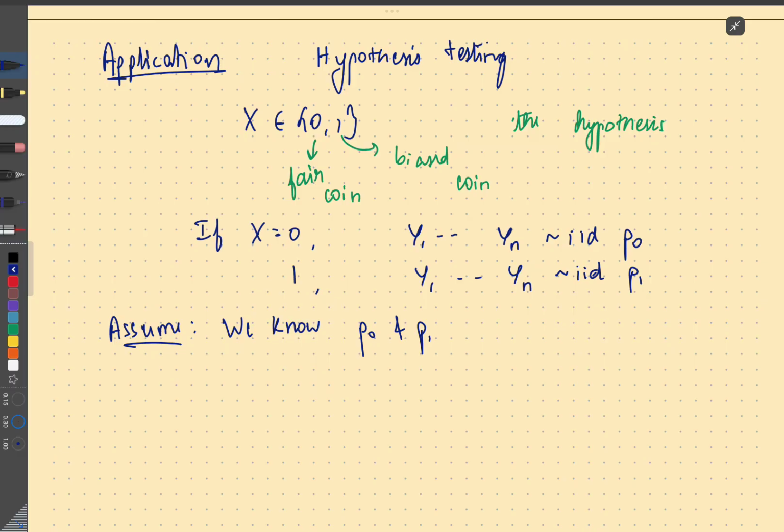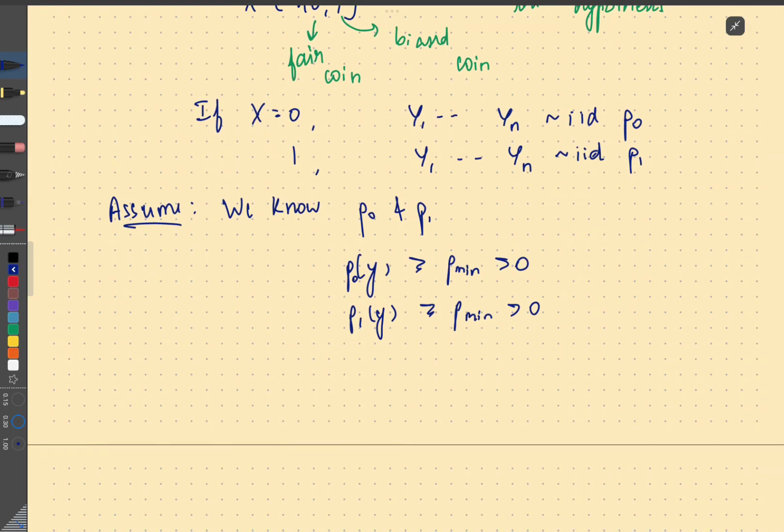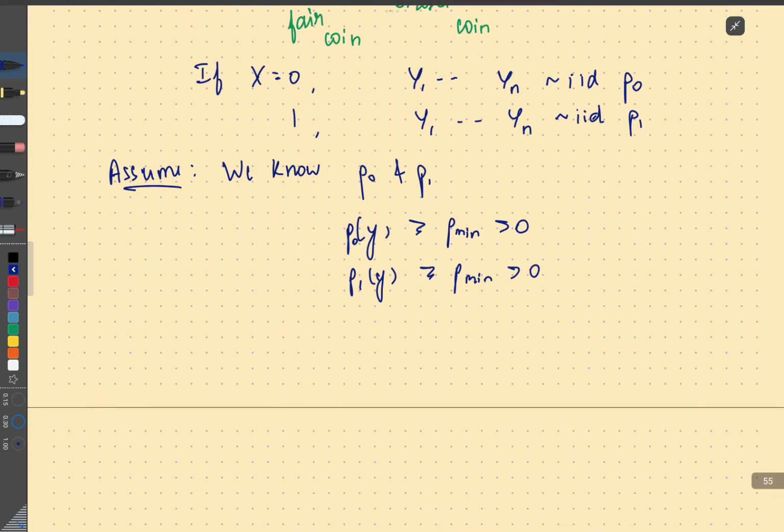For this very specific example, we'll assume that p0 of y is greater than or equal to some p minimum which is strictly positive, and p1 of y is also greater than or equal to this p minimum which is strictly positive. For now let's just assume that these are discrete distributions with some finite support, and so we know p0 and p1, therefore we also know this p min.